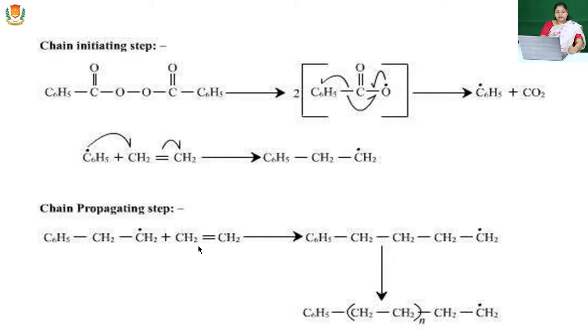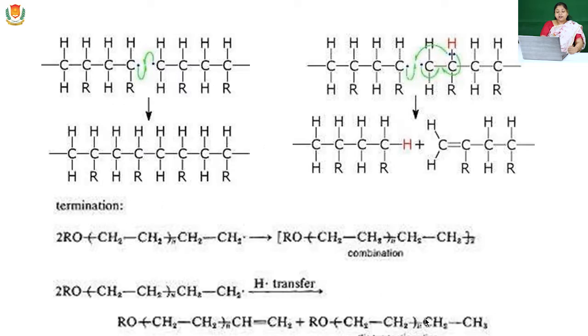This free radical reacts with another monomer like ethylene and generates a small chain, or you can say a small dimer. This dimer possesses a free radical and reacts with another ethylene molecule to convert into a longer chain.